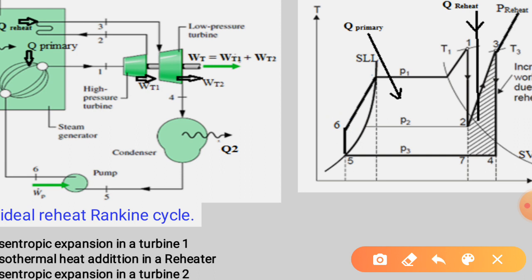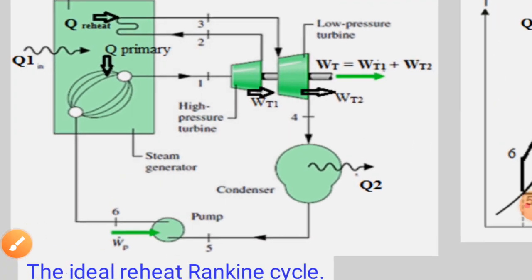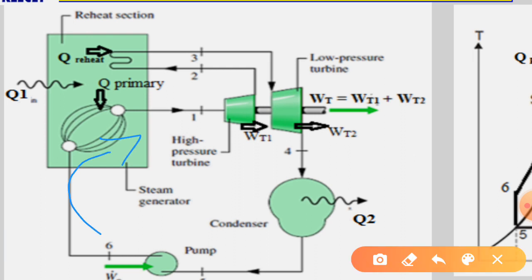State 6 is liquid. From 6 it enters the boiler, 6 to 1, wherein there is a phase change process as well as heat addition process.